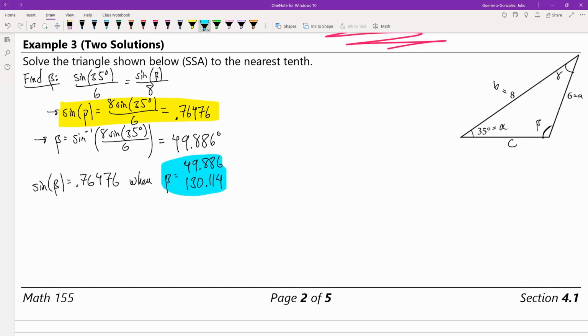So that means my triangle, for that beta angle, has two different values. We have to check both.